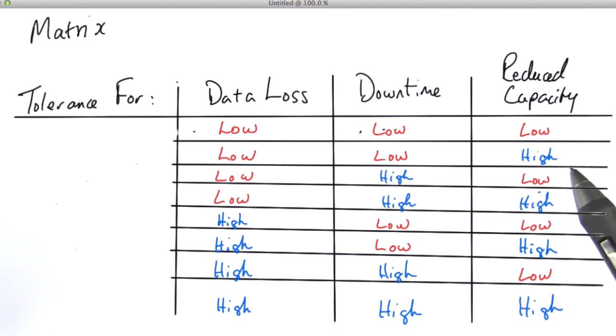Or do you have a low tolerance for reduced capacity? Do you absolutely have to have consistent performance all the time? Is latency a key metric for you? Do you need it to be predictable? There are plenty of applications out there that don't deal well with variable latency. The classic example, even in day-to-day use, would be things like voice applications and video streaming.